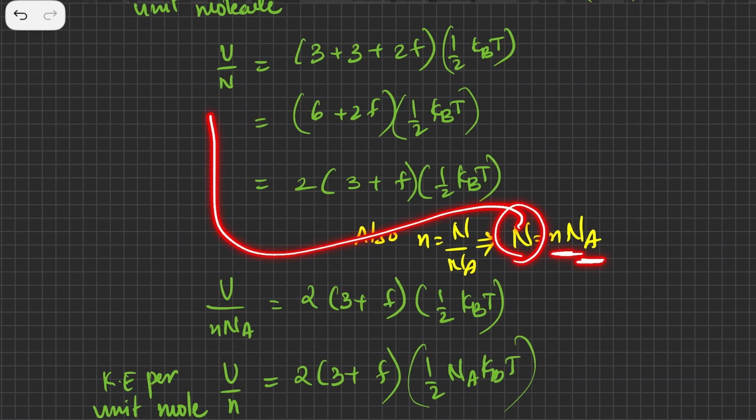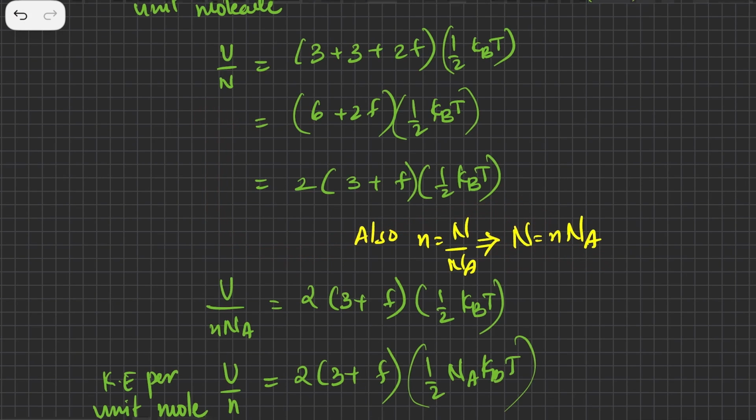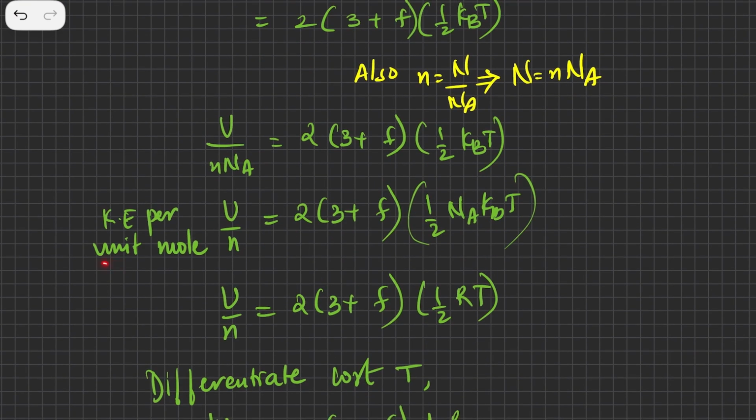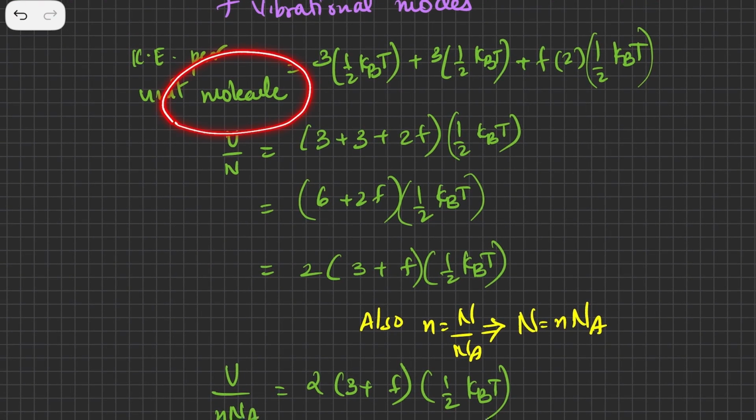Put this N value over here. So I would get U upon n times Na equal to, everything remains the same on the right-hand side. Just pull this Na to the other side, so this Na goes here. So what was kB here is now Na times kB, and this is kinetic energy per mole, and this was kinetic energy per unit molecule.